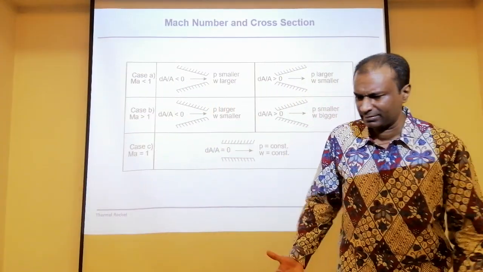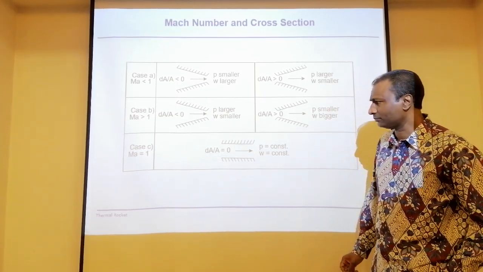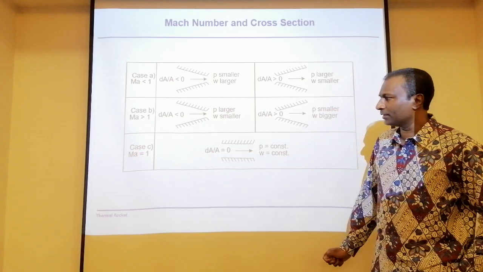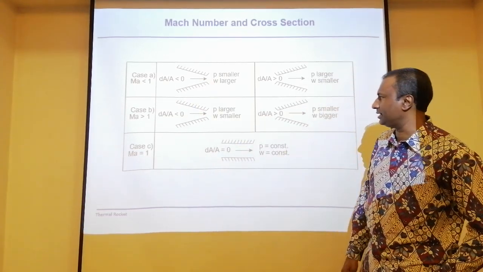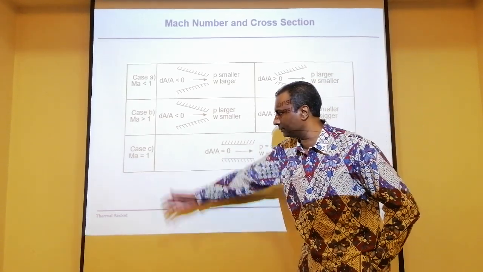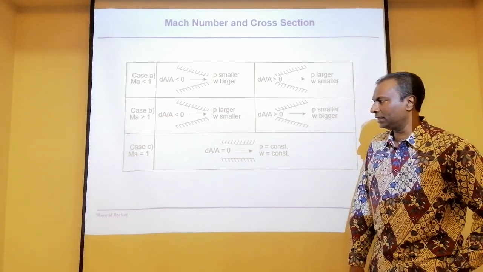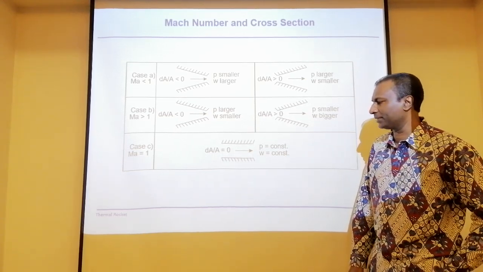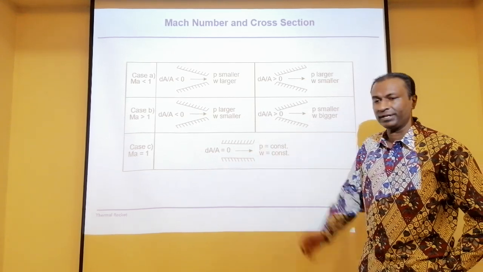So let us study, or rather look into, some options. You have let's say 3 cases here. Let me start with the easiest one. Let's say the gas flow Mach number equals 1. Mach number equal to 1 would be sonic.